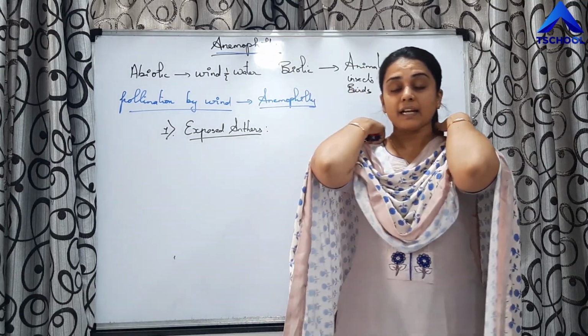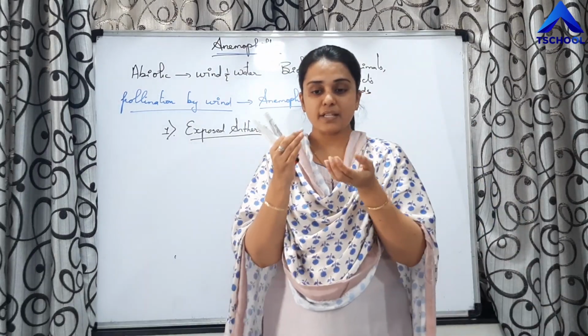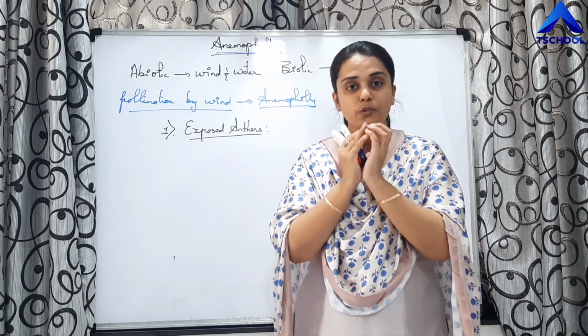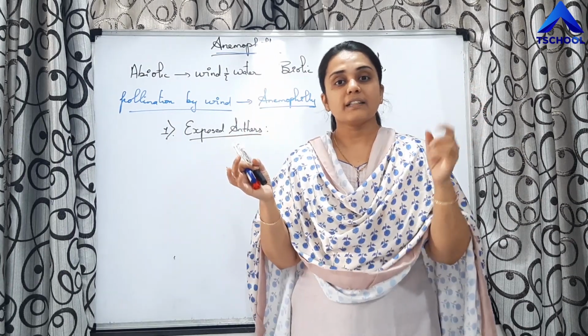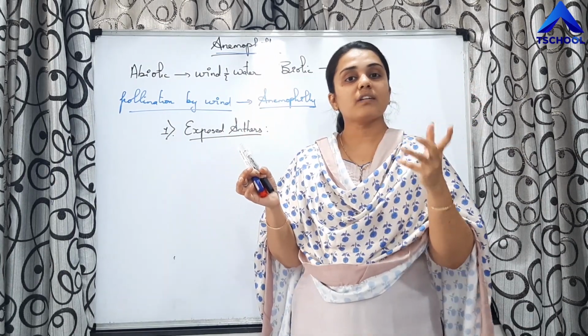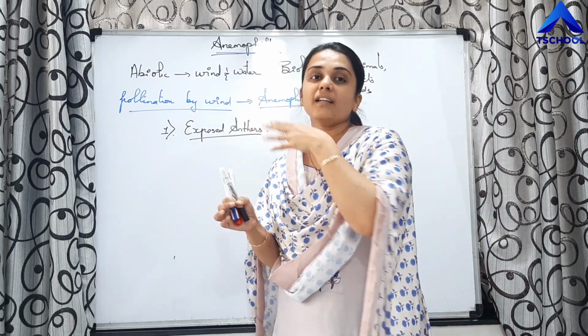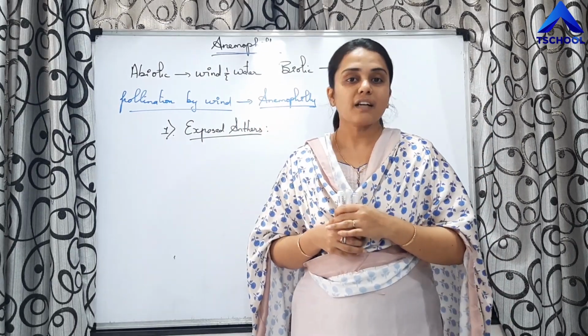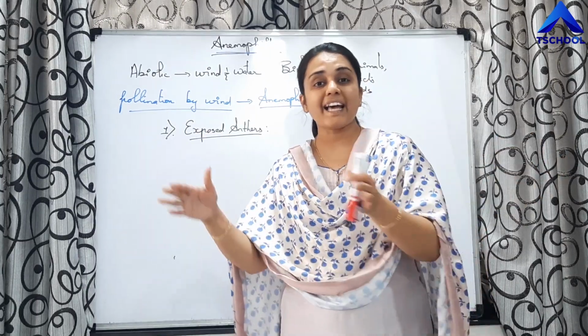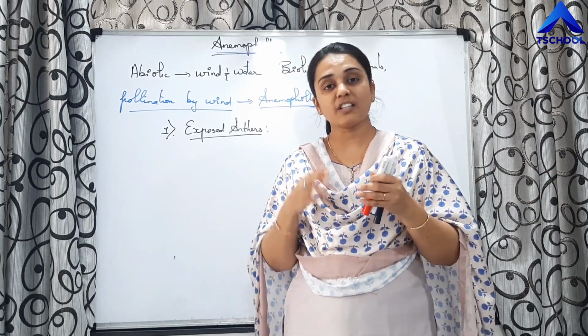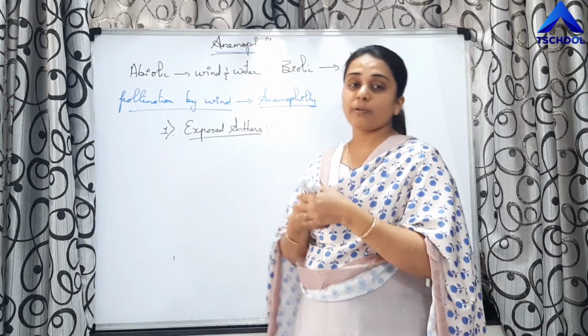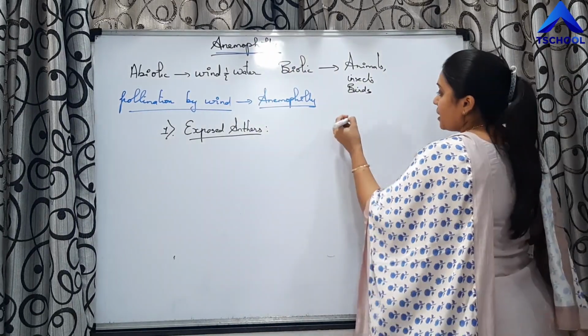Exposed anthers, right? See, if the anthers are present below the flowers, or if those are not well exposed, then the pollen grains which are released by the dehiscence of the anther will not be carried away by the wind currents. So for carrying the pollen grains by the wind currents, the anthers should be well exposed, right?